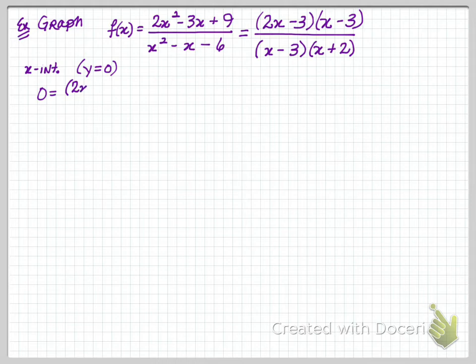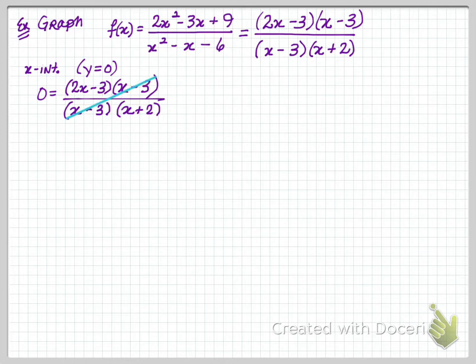This is one of the reasons I really like factoring, because it makes it so much easier to figure out what's going on. Now stop. I want you to notice something. If you look here, you have two factors that cancel out.